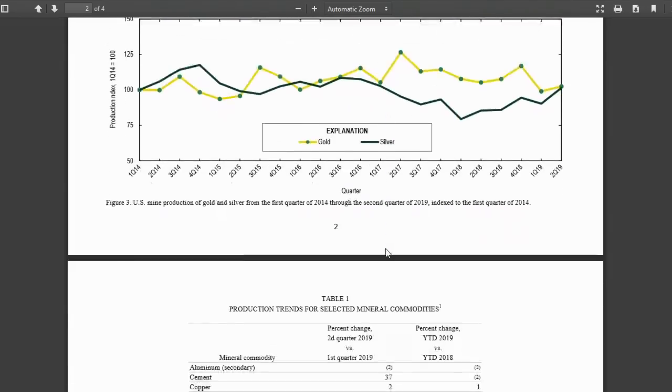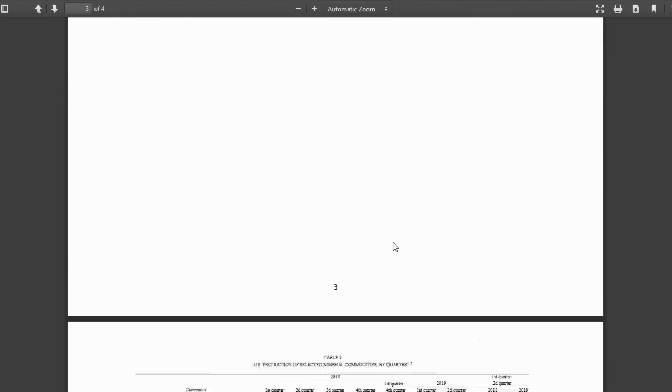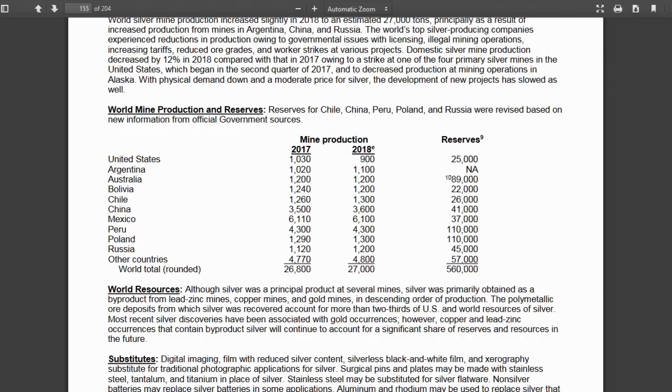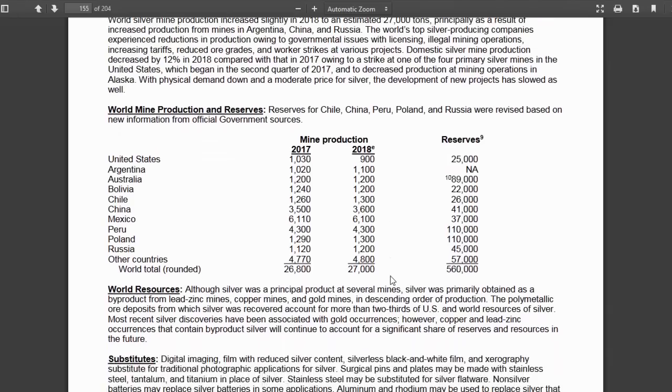It's interesting, because the USGS covers silver and all these different minerals, and how much is exported, imported and produced. There's a lot of data here for sure. But my guess is they're probably quoting this particular statistic here, 27,000 tons. It'll be interesting to see what the actual 2019 number is, to see where that lies.